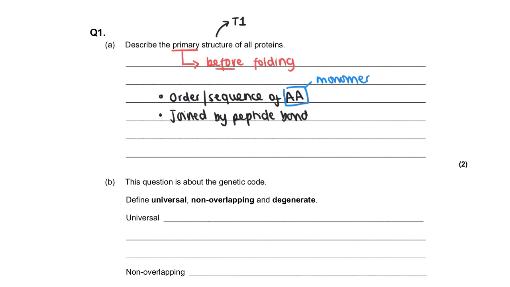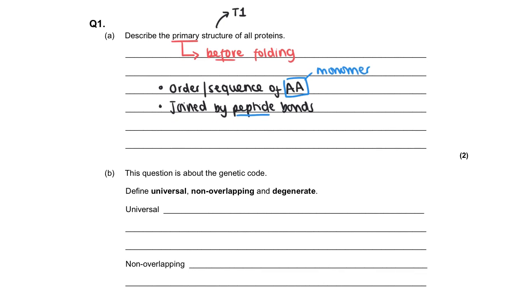There is no further detail that you need in this question apart from the fact that it is the order or sequence of amino acids and they have to be joined by peptide bonds. We are in A-level now, we are not in GCSE, and therefore you cannot just say they're joined by bonds, or joined together. You have to be specific and concise in what you're trying to explain.